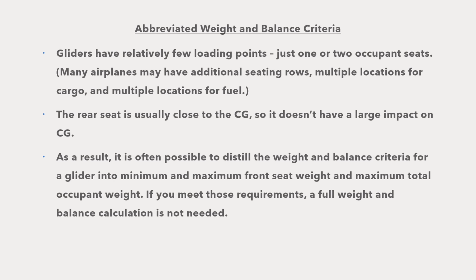The first being the minimum and the maximum front seat weight and the maximum total occupant weight. So if you meet those requirements, then you don't have to do a full weight and balance in order to know that the glider is going to be at an acceptable center of gravity.